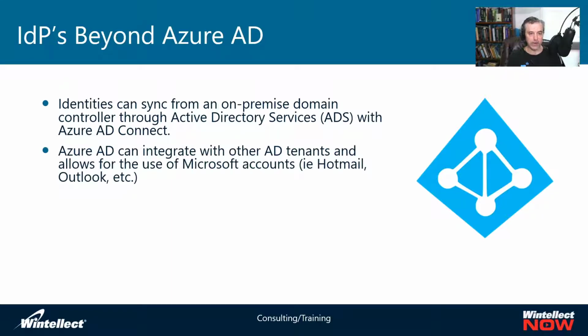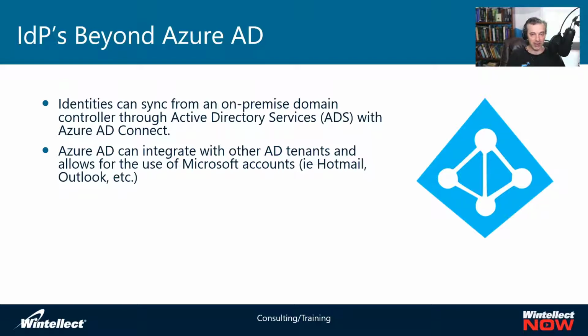Another way you can do it is by allowing other Active Directory tenants to connect to your Active Directory tenant on Azure. With the ability to integrate with other tenants, you can have folks that have IDs that aren't in your Azure Active Directory tenant log into applications that are serviced by your Active Directory tenant.